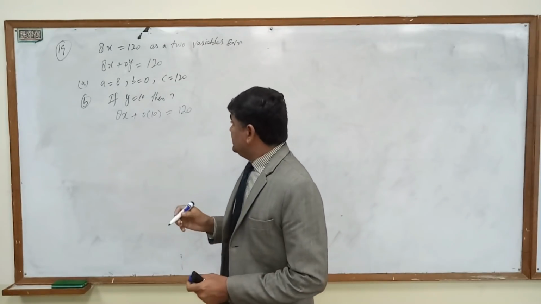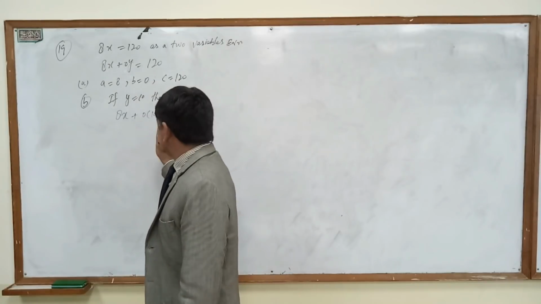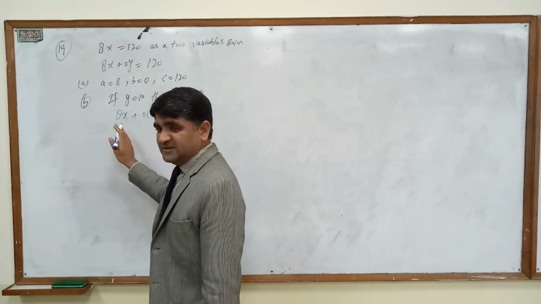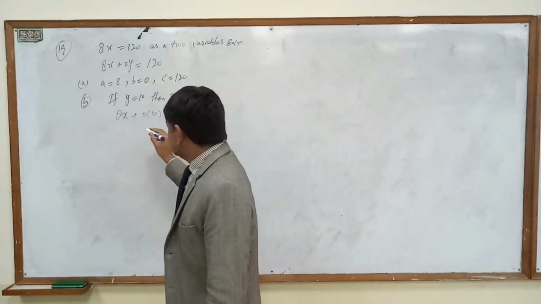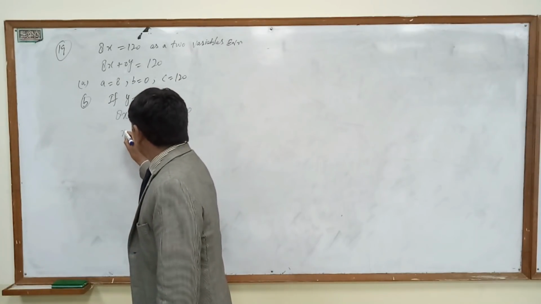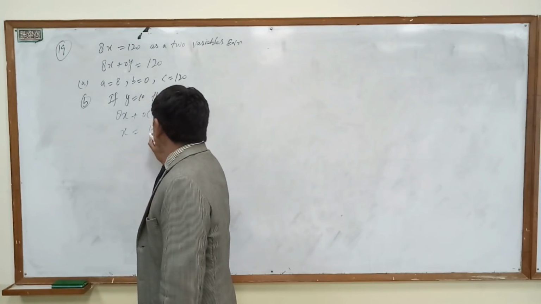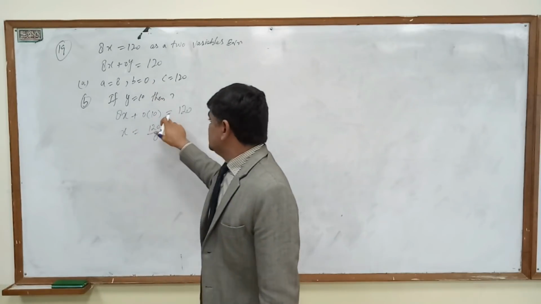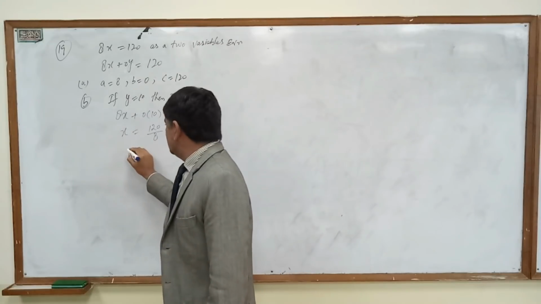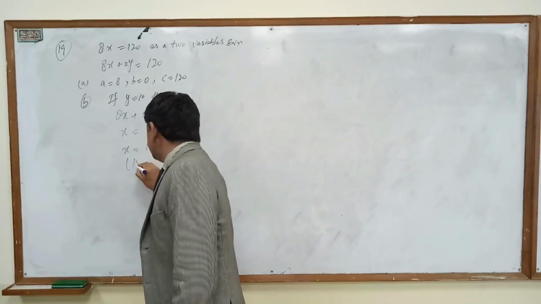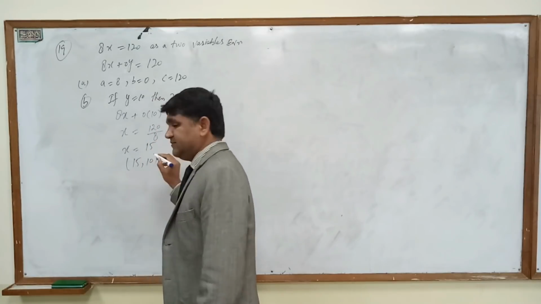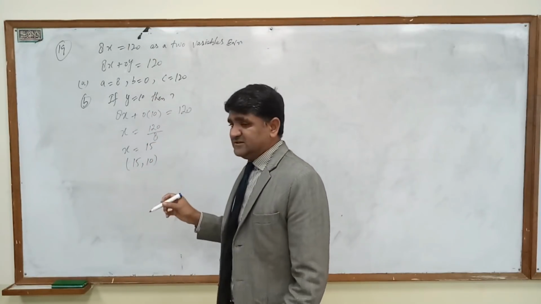The variable is already on one side, the constant on the other side. Then x is equal to 120 by 8. 0 multiplied by 10 is 0. So x is equal to 15. So the pair is 15 and 10, because the value of y is given.